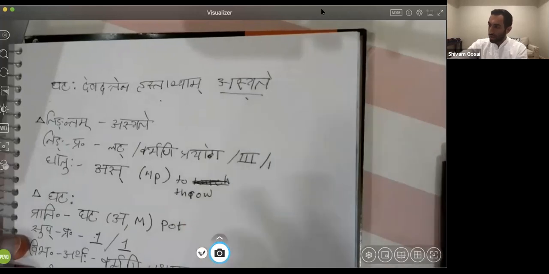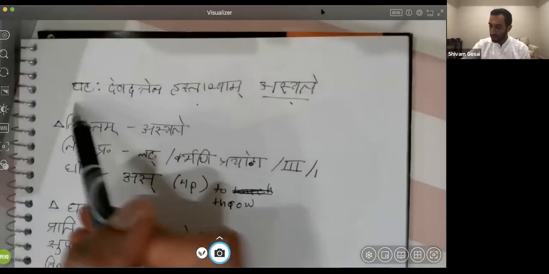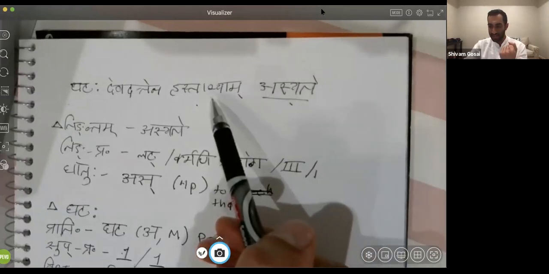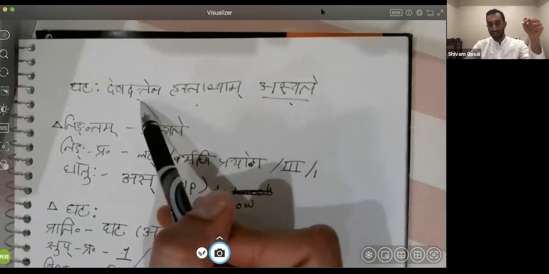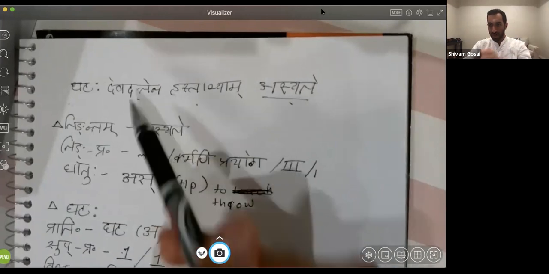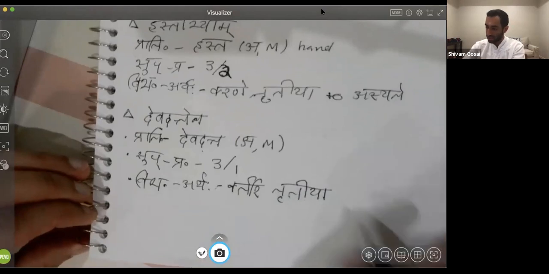What is thrown? The pot is thrown. And with what does he do it, the instrument? With his hands. But who is doing throwing? Devadatta, right? Devadatta is the main person who is throwing. So this is Kartari Tritiya to Asyate.